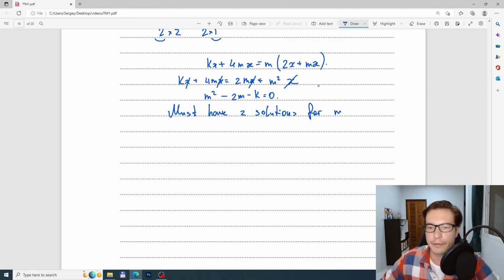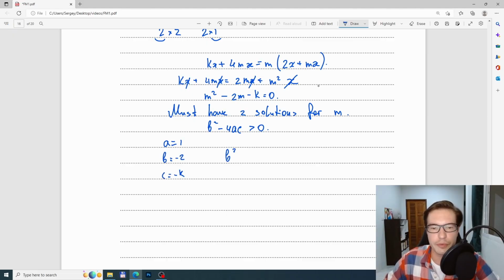Okay, so that means that b squared minus 4ac should be bigger than 0. Now a equals 1, b is minus 2, and c equals minus k.